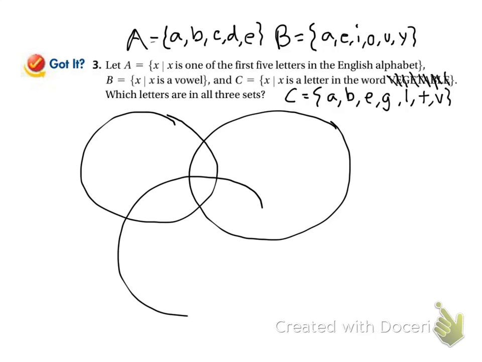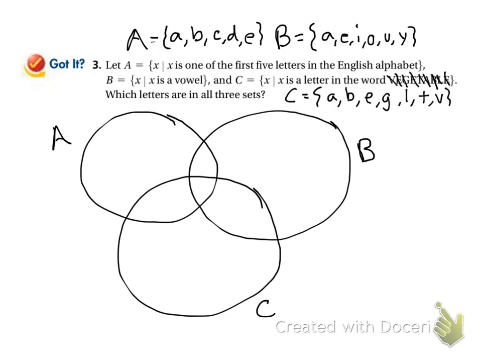Hopefully I draw this all right. Okay. So I'm going to write this in a different color so that I can cross things out as we go. First, let's label. This will be A, B, and C. Let's look through set A. Set A has an A in it, and every other one also has an A in it.